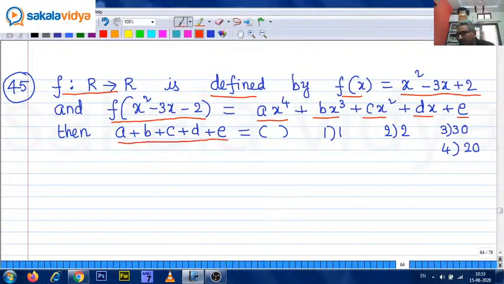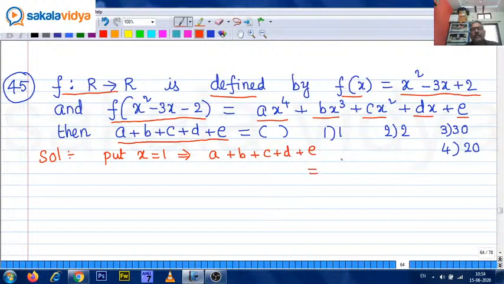If you put x equal to 1, we get a plus b plus c plus d plus e, because 1 power 4 is 1, 1 power 3 is 1, 1 square is 1. That equals f of 1 square minus 3 minus 2, which is f of minus 4.